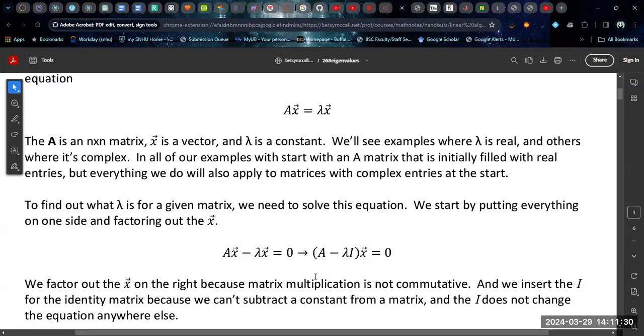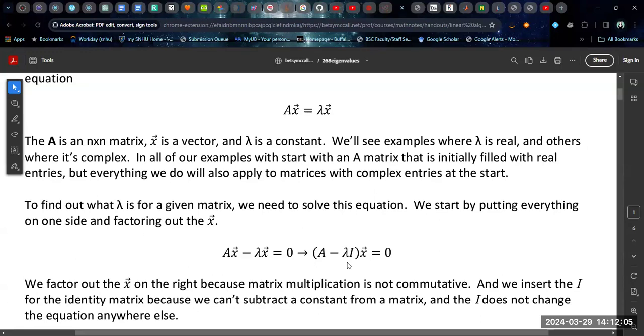Now, in order to solve this equation, we're going to put everything on one side, set that equation equal to 0, and then factor out our vector x. In the process of doing this algebra, we might sometimes end up with, if we're not careful, an expression that says A minus a constant. We can't actually subtract a constant from a matrix.